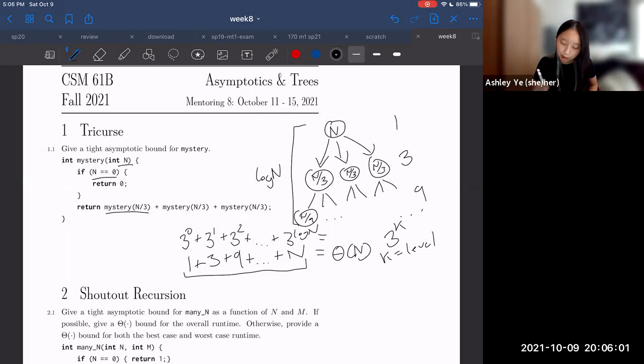Because we get this pattern of exponents, we know that it will generalize to theta n. So the runtime of this function on the input of n would be theta n.